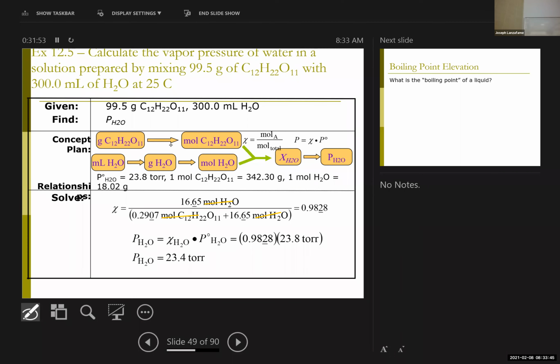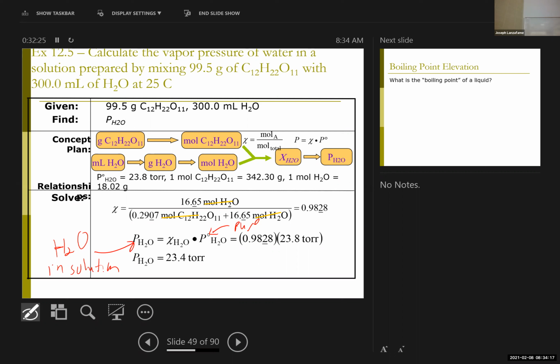The water will, but it's a little confusing the way it's written there because it says water in both cases. It's really this 0 that means pure. And so this is the water in the solution, right? And so that vapor pressure is 23.4 torr.